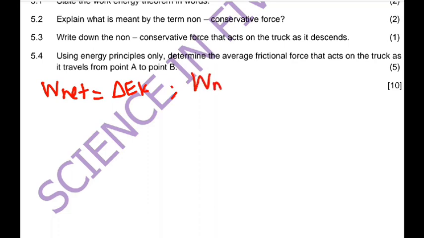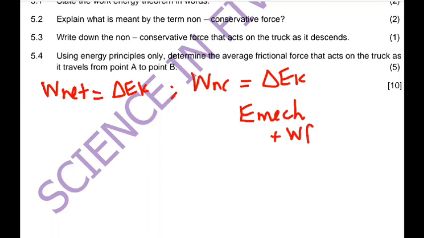Or we could use the idea that the work done by the non-conservative forces is equal to the change in kinetic energy. Or we could also say, well, the mechanical energy in an isolated system is conserved, but if there is an external force, then the Emec initial plus the work done by that force should be equal to the Emec final.